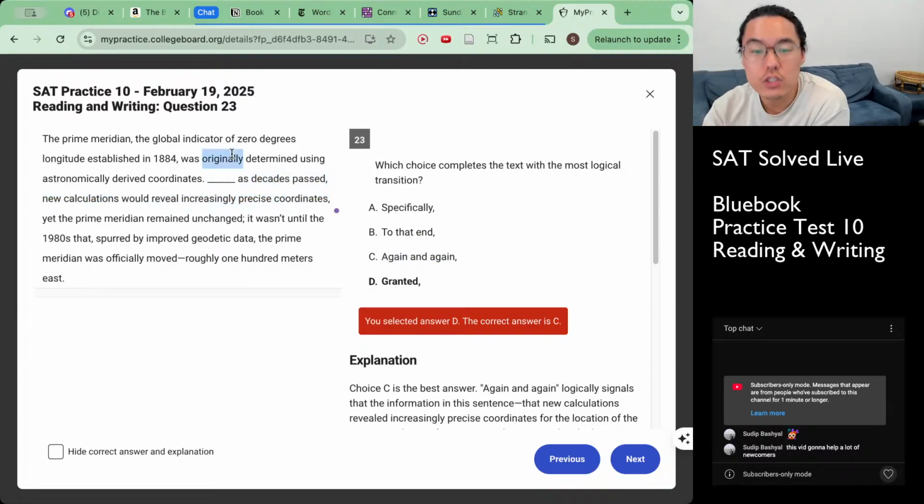It was originally determined with a problem. Again and again, this problem would become increasingly clear, right? This is the repetitive, conditional tense, right? It would increasingly reveal precise coordinates over and over again.